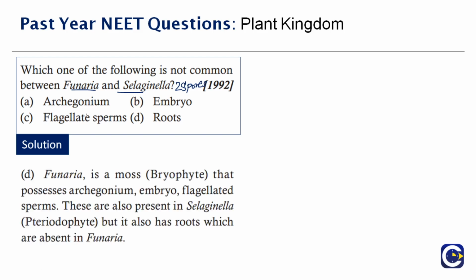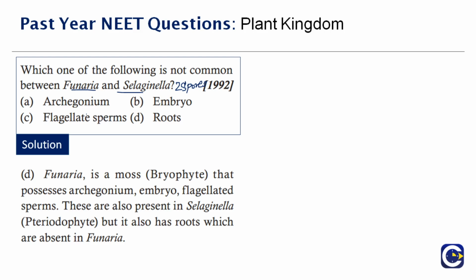Funaria is a moss which belongs to bryophytes and possesses archegonium, embryo and flagellated sperm. These are also present in Selaginella. But the only thing is, Selaginella also has roots, which are absent in Funaria. So how can you differentiate between Funaria and Selaginella?